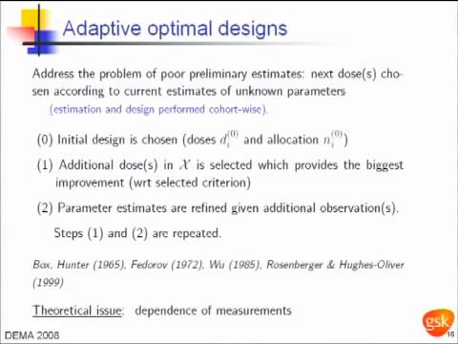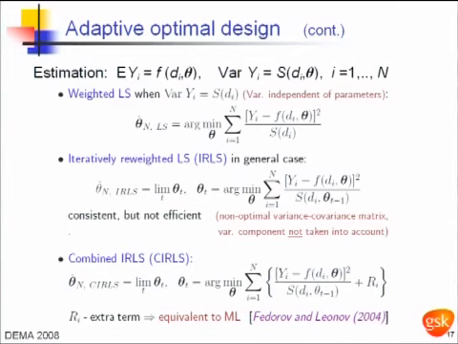And the theoretical issue is the dependence of measurements, obviously. Quickly talk about the estimation. So when we have the mean response and some variance, it's known that weighted least squares works just fine when variance is independent of unknown parameters.